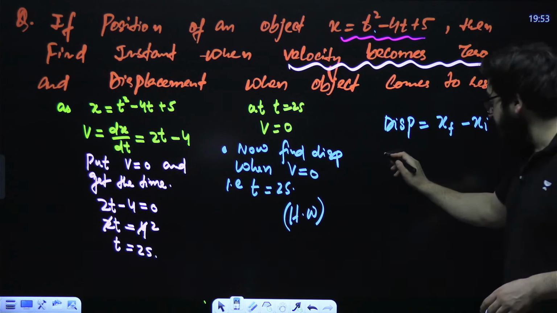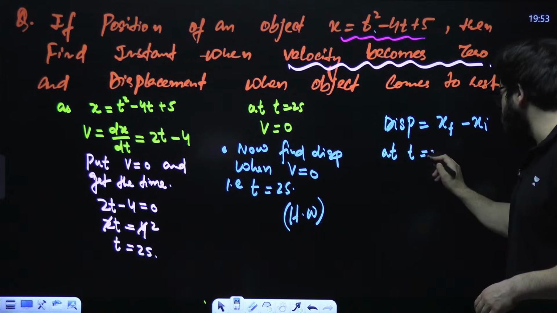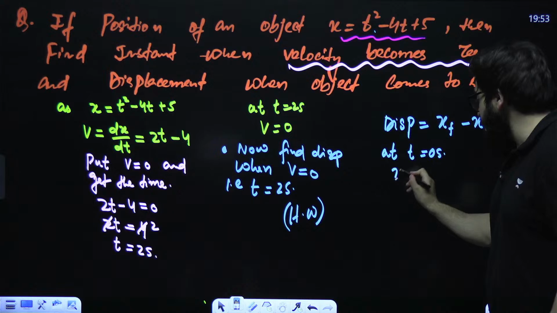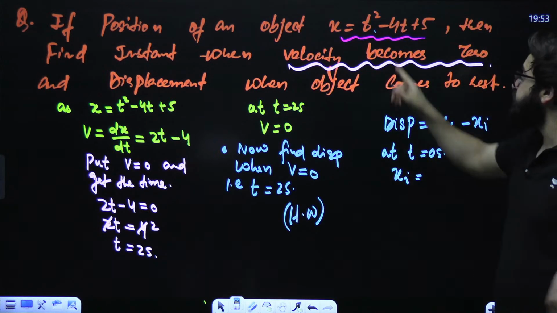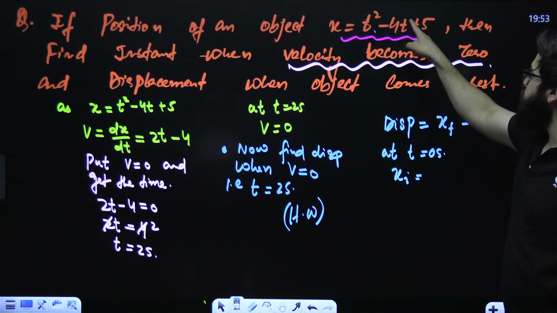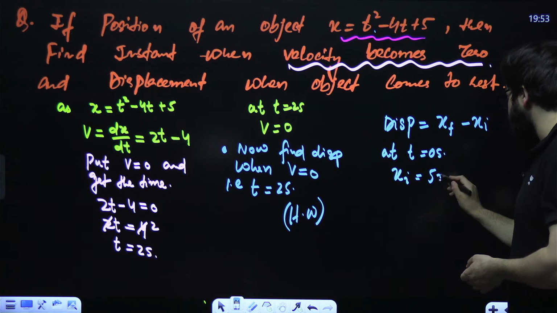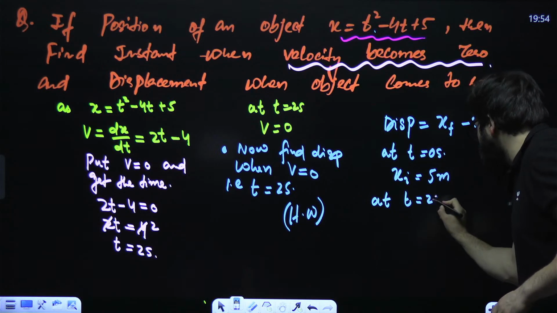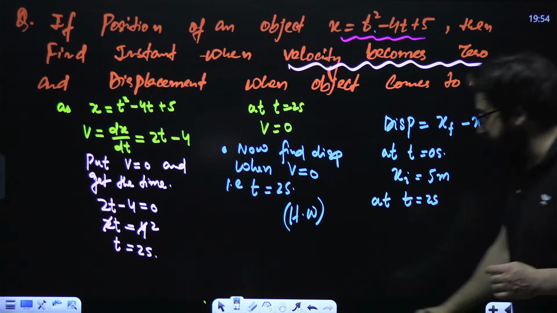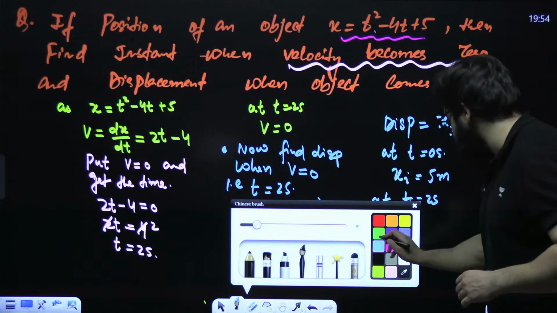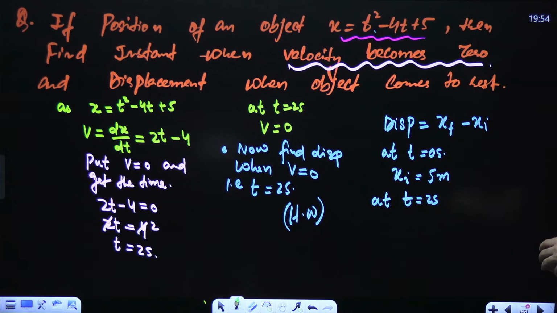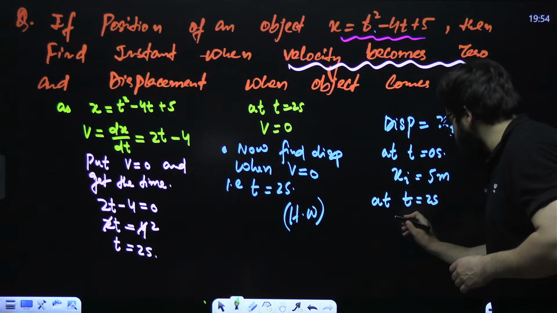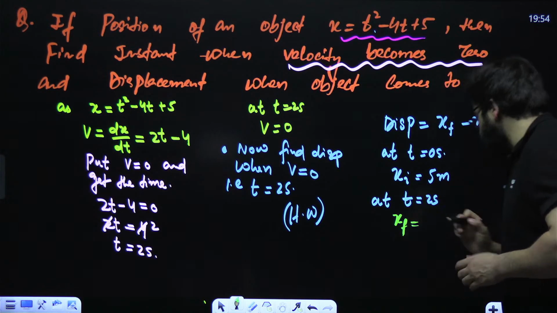So at t = 0 seconds, can you tell me what the position is? x initial will come out to be 0 − 4 into 0 + 5, that is 5 meters. At t = 2 seconds, you are supposed to tell me x final.